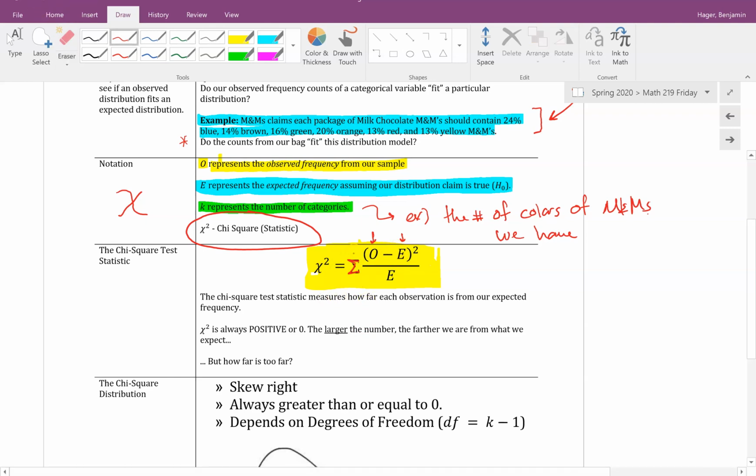We did something like that way back in learning about standard deviation in Chapter 2. So I take the number of, let's say, blue M&Ms I observe minus the number of blue M&Ms I should have, square it, and divide by the number of blue M&Ms I should have. Then I add up all of those. So we will add a contribution, which is just one of these things, for each color.